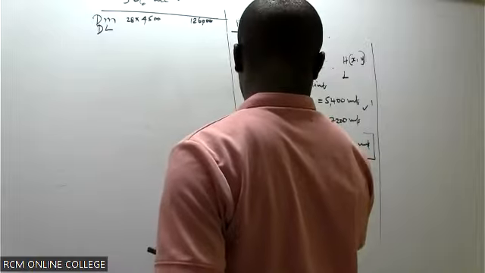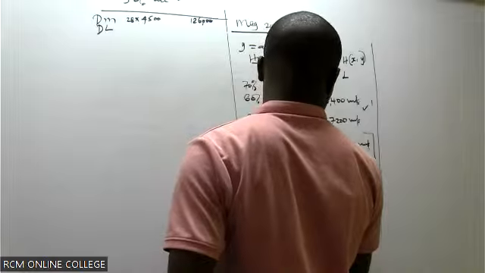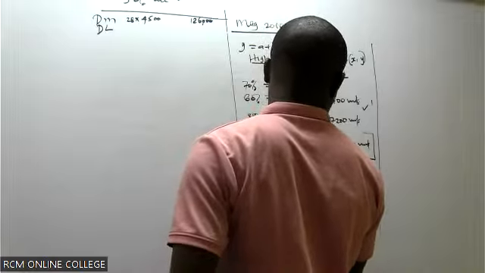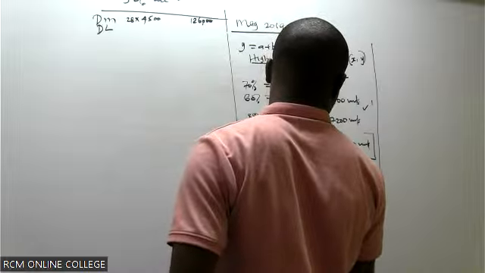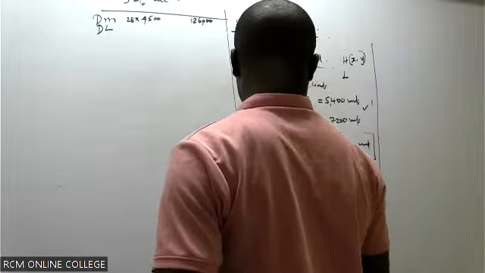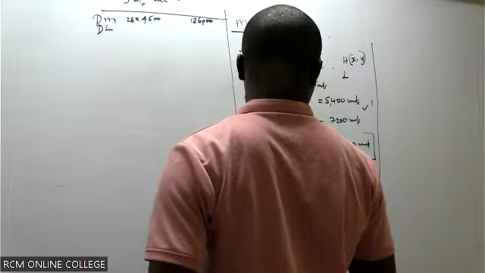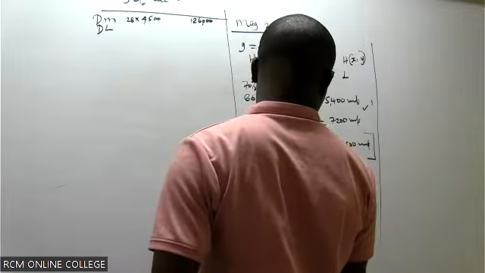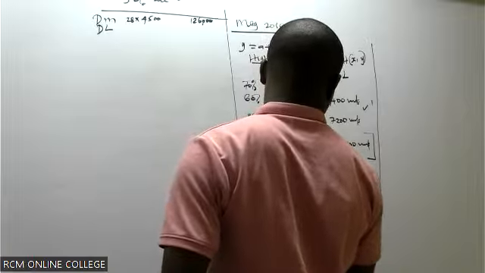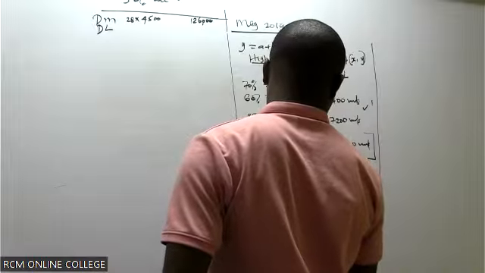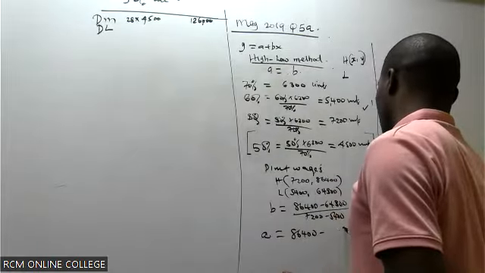So let's get the value of B, change in Y over change in X. 86,400 minus 64,800 divided by 7,200 minus 5,400. Give me the value of B. Then A will be equal to Y. We pick one of them here, 86,400 minus the value of B times X. I've decided to pick this one here, times 7,200.